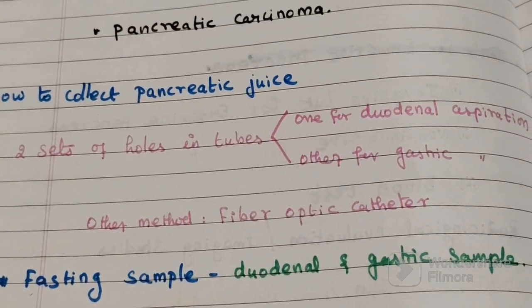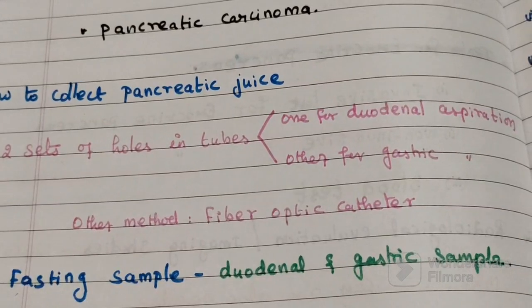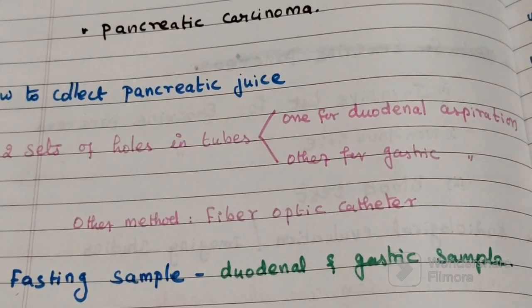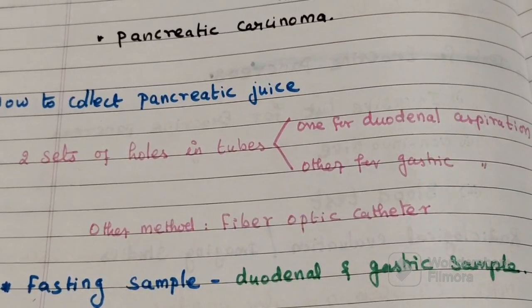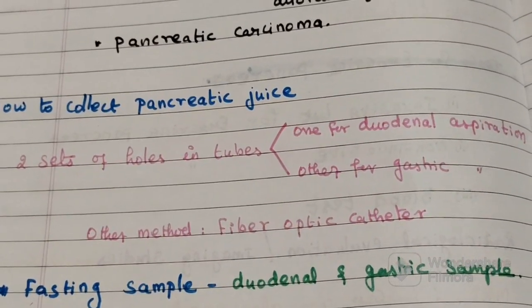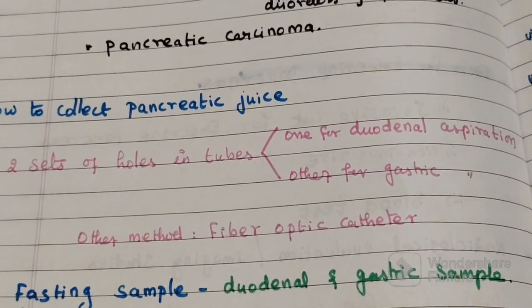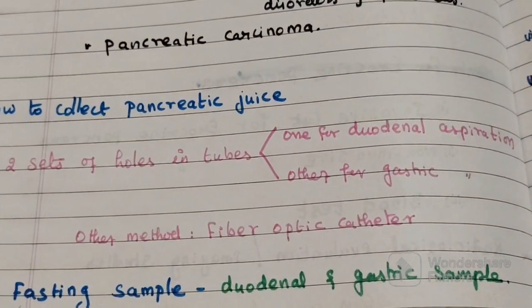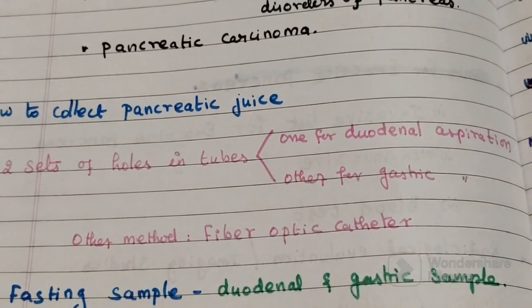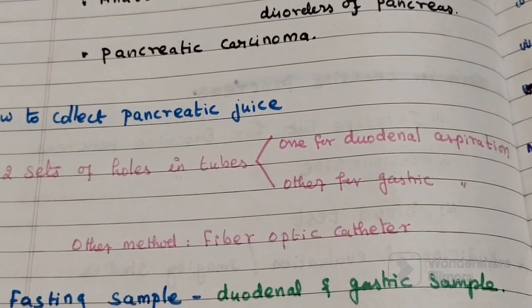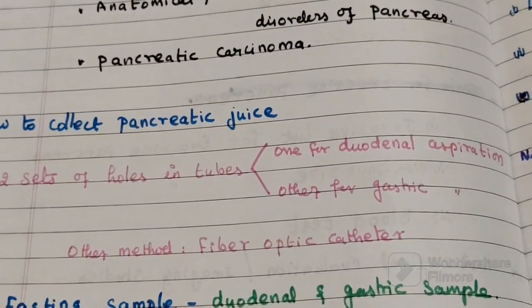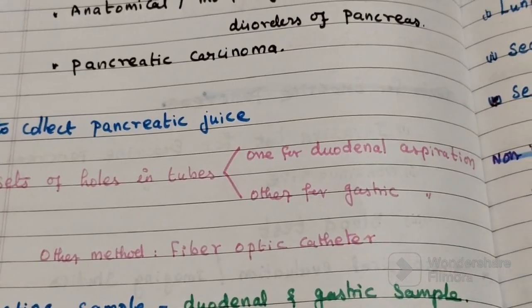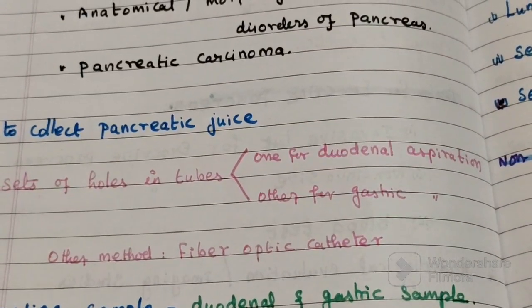The radio-opaque tube is passed through either the nose or mouth until the tip reaches the duodenum near the ampulla of Vater. It has two sets of holes. First one is to collect pancreatic juice, that is duodenal aspiration. Second is to collect gastric juice, for gastric aspiration.